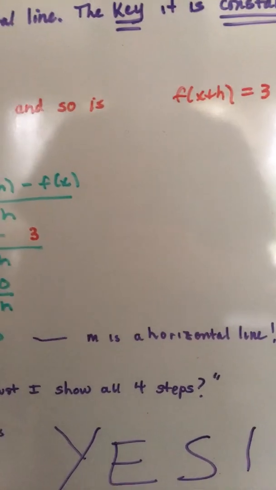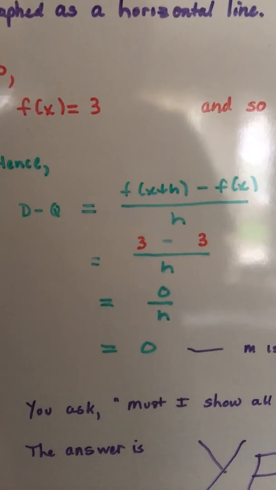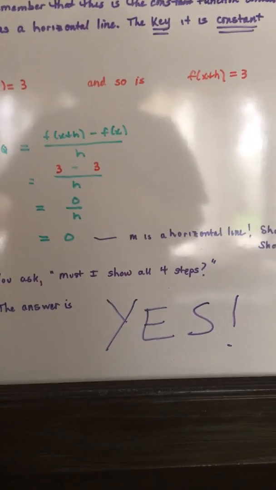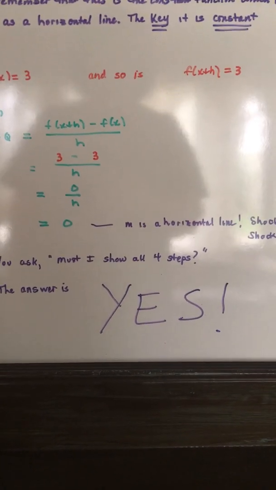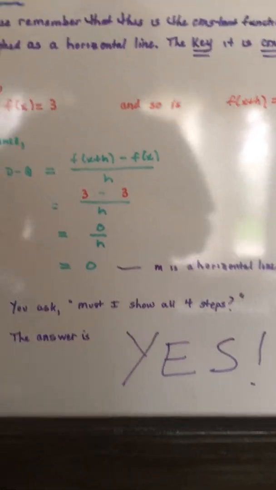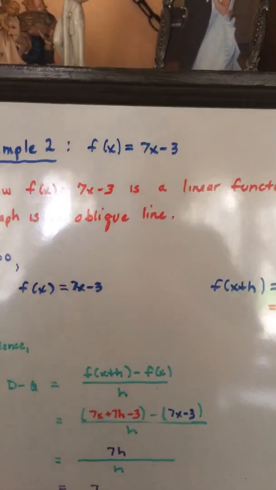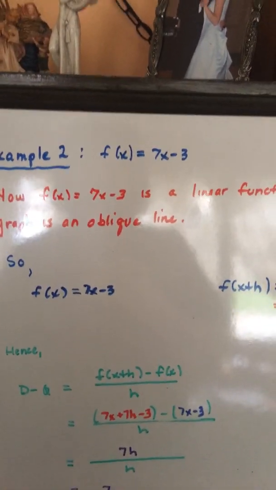Notice, I know you're shocked, but this is the slope of a horizontal line, and I told you that's where we're heading. You ask, must I show all 4 steps? And the answer is yes, you must. So sorry, folks. You always want to do less. I show you the minimum, or I mention, oh, you don't need to show that.